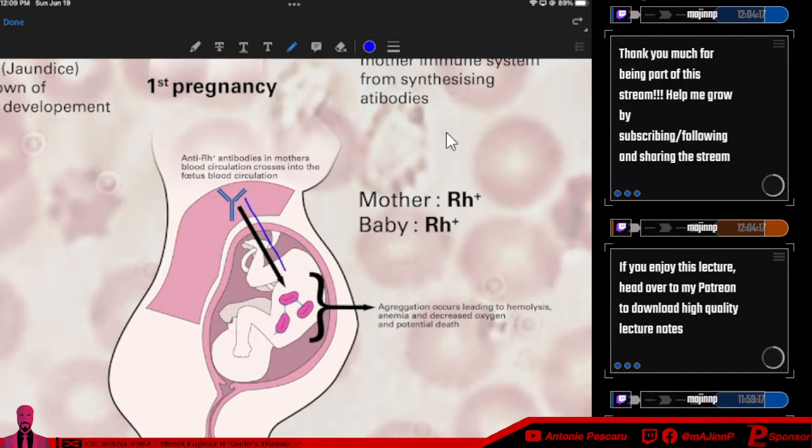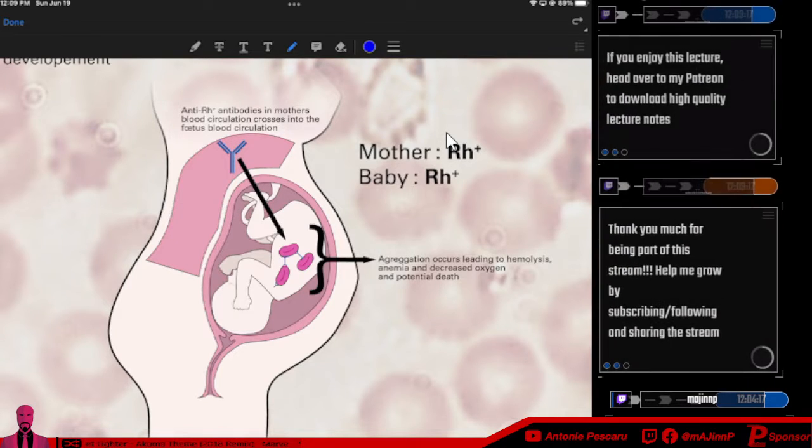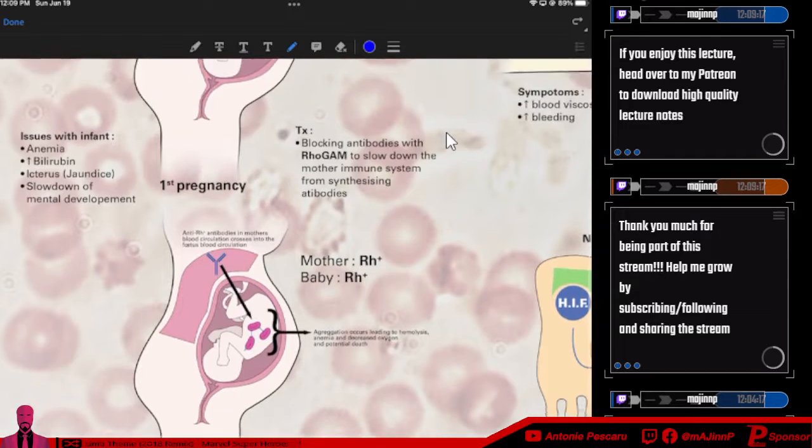They cross over into the baby's fetal circulation. Like I said at the beginning, these antibodies cause the aggregation of the red blood cells, which leads to hemolysis, anemia, decreased oxygen, and potential death for the fetus.